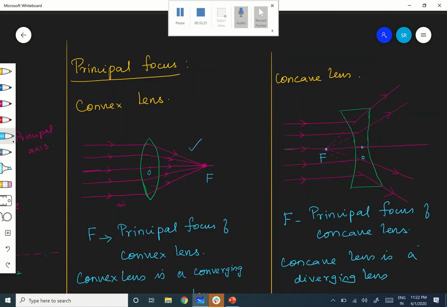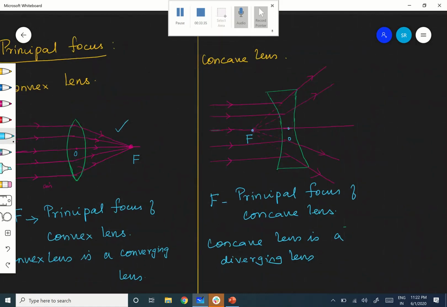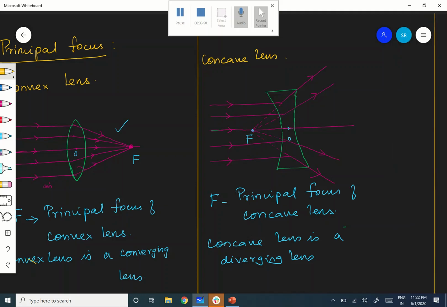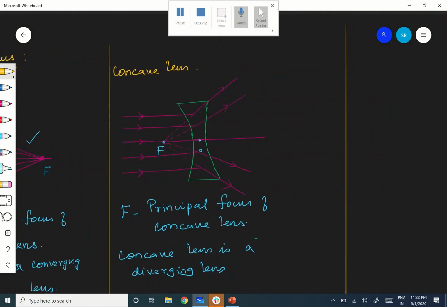But one more very important thing: this principal focus is fine, but actually for a lens there are two foci.